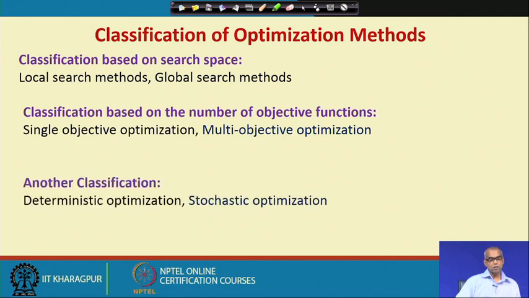Still another classification is possible based on whether the problem is deterministic in nature or there is an element of randomness, which is known as stochastic optimization problems. So, there are various classifications and there is no unique way of classifying them. Based on various criteria, we may have various ways of classifying the optimization problems. With this, we will stop here.